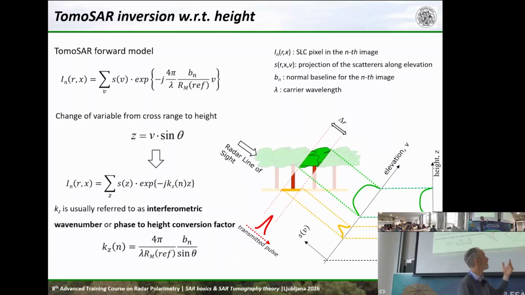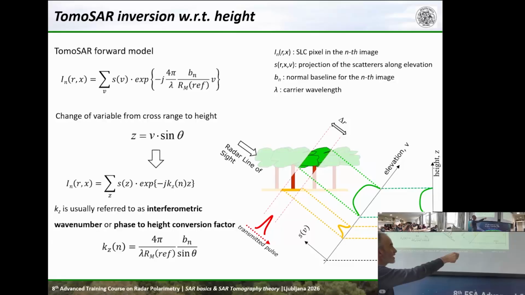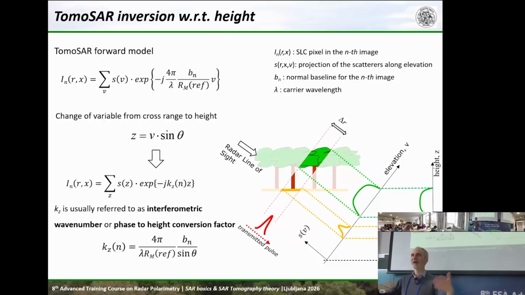And people usually like to further project this on height in this way. So at the end of the day, this is what you visualize, because height is more understandable. You like to think that the tree has a certain height, so you prefer to do tree tomography with respect to height rather than elevation.